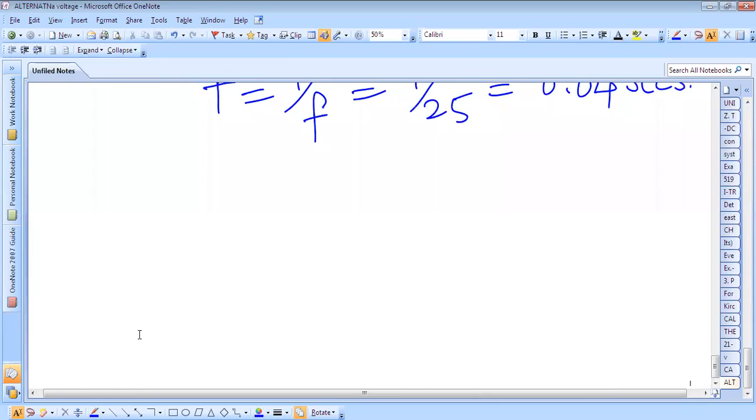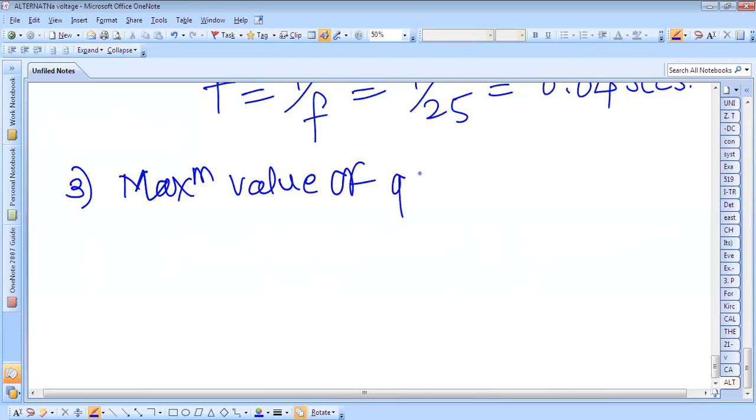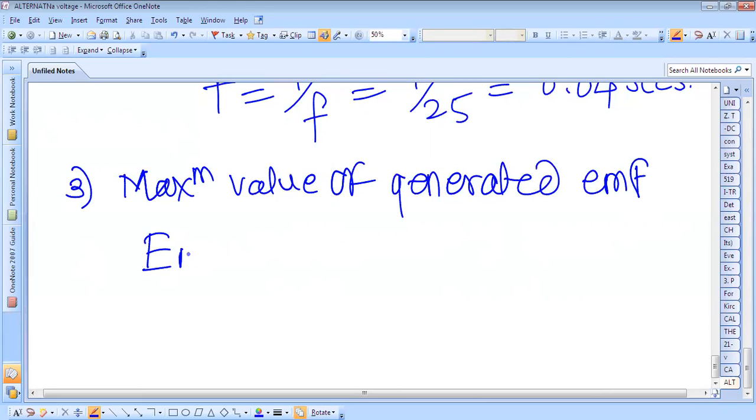Now, what is the expression for the maximum value of generated EMF? Maximum value of generated EMF is equal to 2 pi B A N into sin theta.